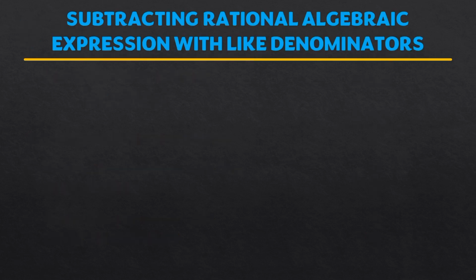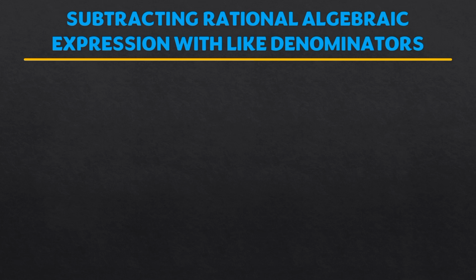Why do we need to recall subtracting fractions with like and unlike denominators? It's because we will apply the same process here in subtracting rational algebraic expressions. Okay? So how do we subtract rational algebraic expressions with like denominators?